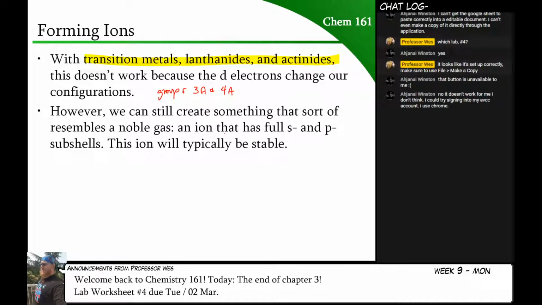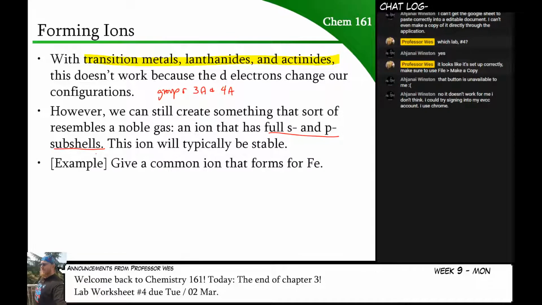It's like, how do I get from the center of the periodic table past all these transition metals so that I can get something that has full s and p subshells? And the answer is, well, you just strip away whatever remaining valence electrons are there. Remember how we define valence electrons as stuff that's in the highest n.